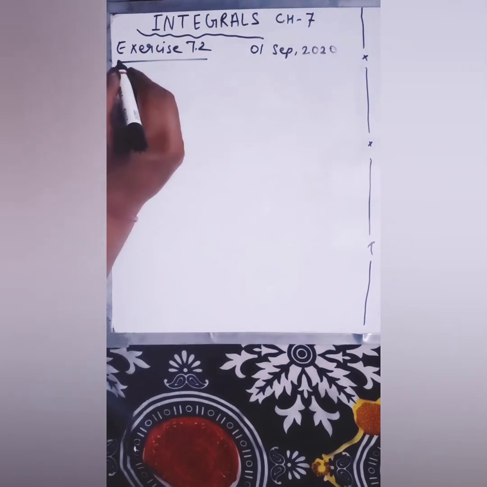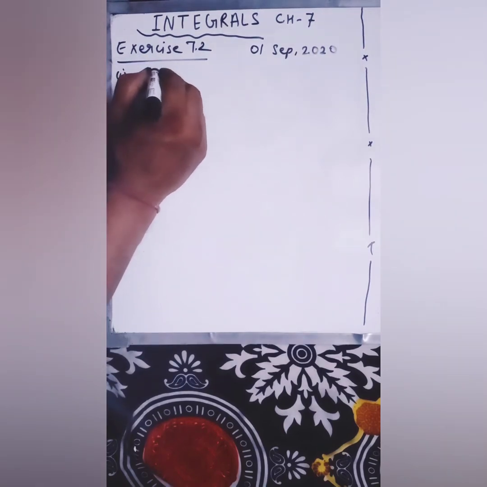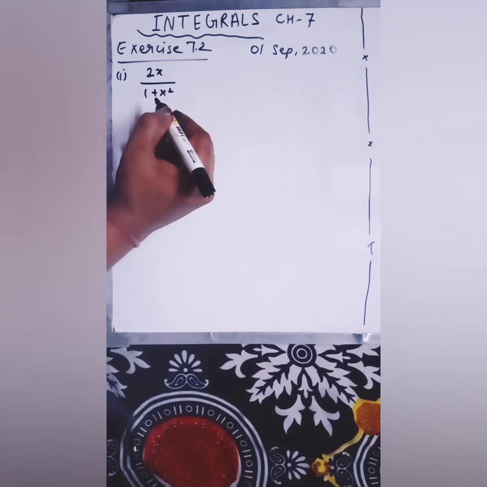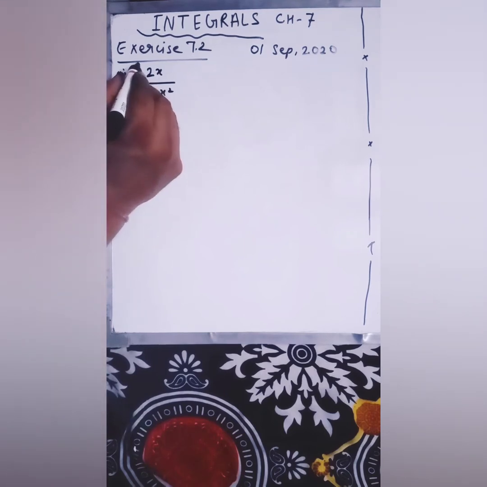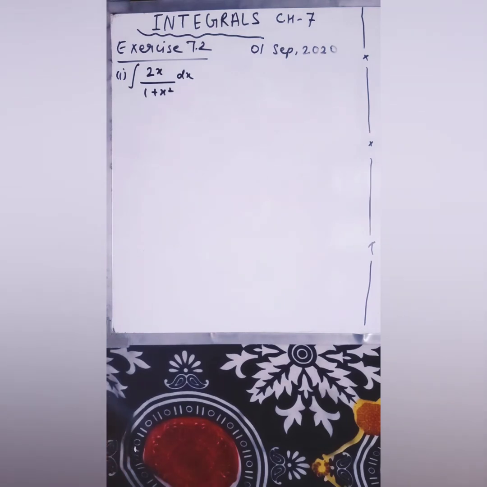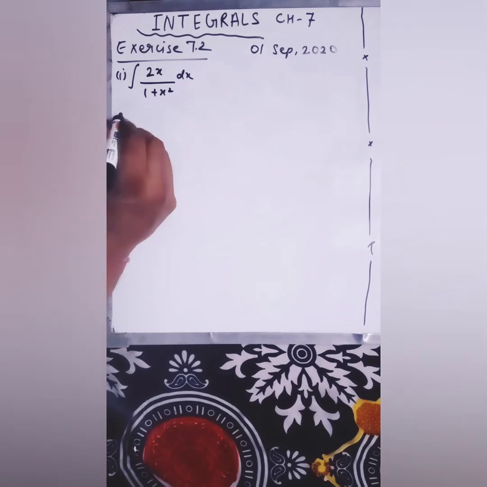here I'm writing question number 1, that is the integral of 2x over 1 plus x square. We have to find the integral of this using the substitution method. See what I will do first.